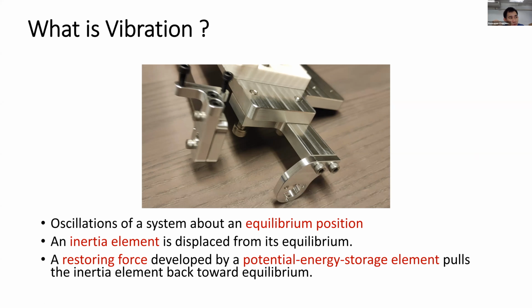And the force that pulls the inertia back to equilibrium is generated from the energy storage element. The energy storage element can be a mechanical spring made from spring steel, or it can be a kind of elastic thing like a rubber band or something like that.